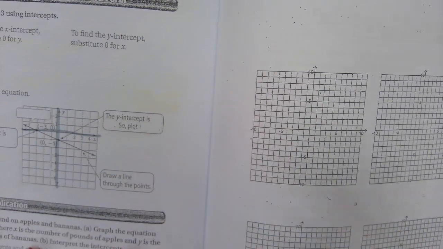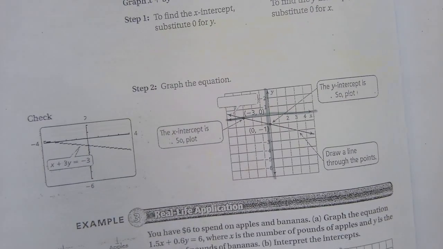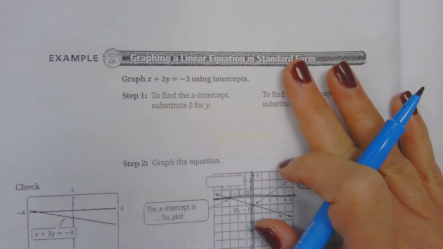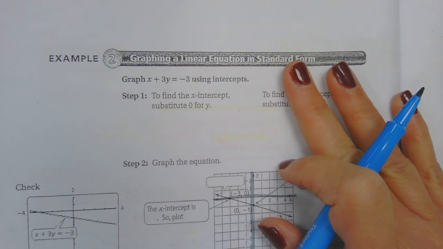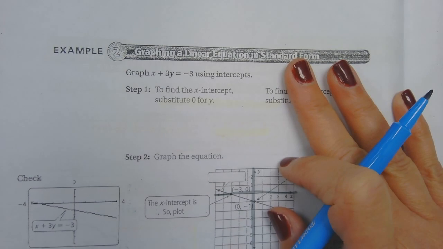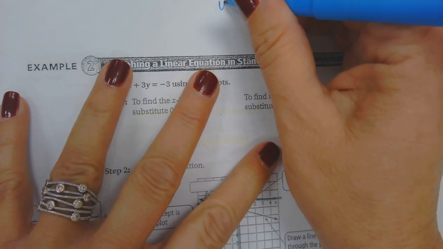So on the next page, we're going to look at another way to graph. So another way to graph these is instead of using slope-intercept form, we can use the x-intercept and the y-intercept. And we've talked about y-intercept. What is the y-intercept?